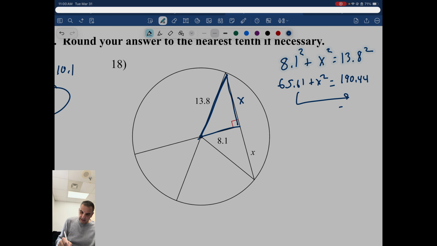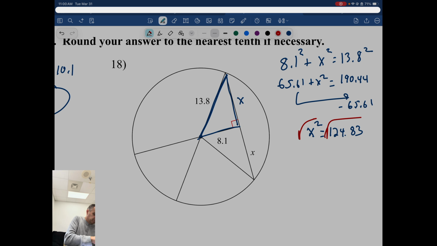I'm going to subtract 65.61. I get x squared equals 124.83. If I take the square root of that, 11.2. And that's what the answer key said, which is good.